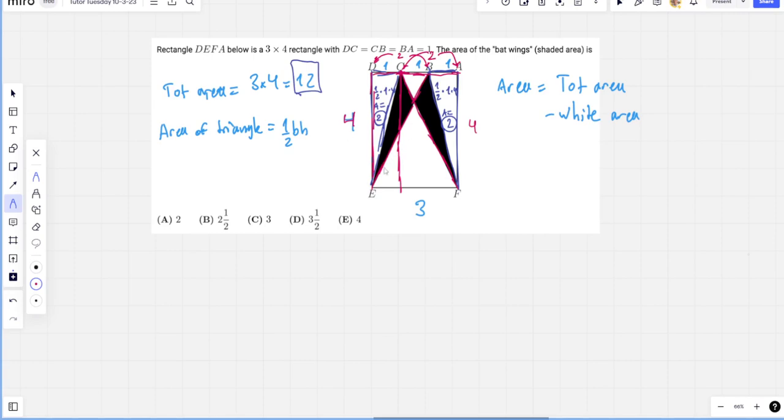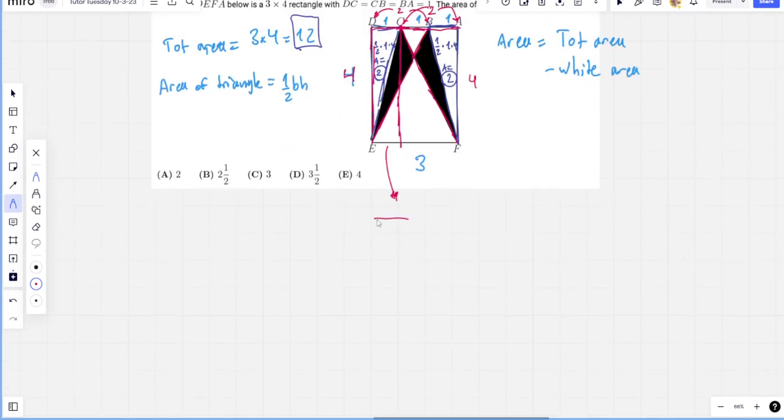Okay, if we split it like this, what I can see from this sliver right here is this triangle goes exactly up to the halfway point here. It's all the way up here, and it goes down to here.